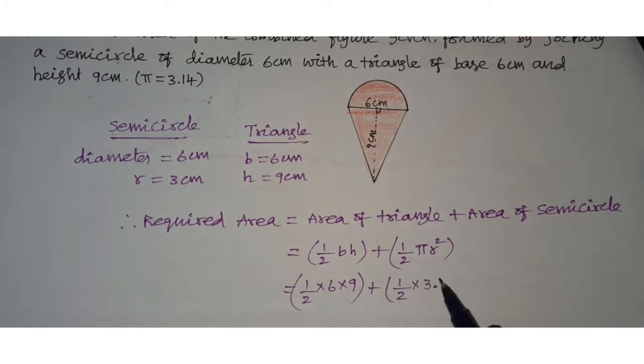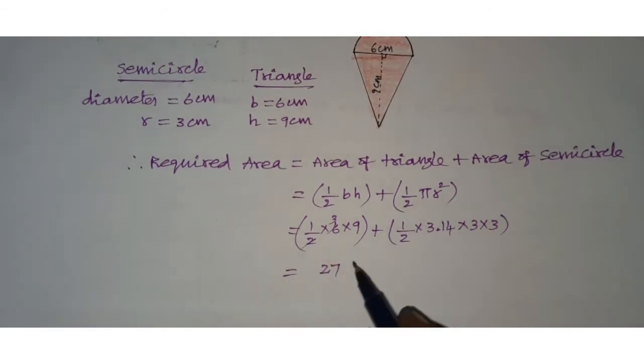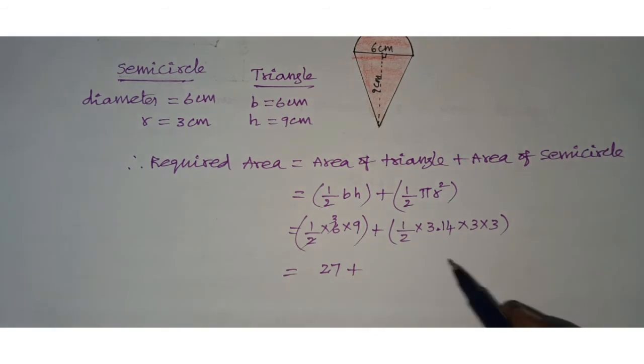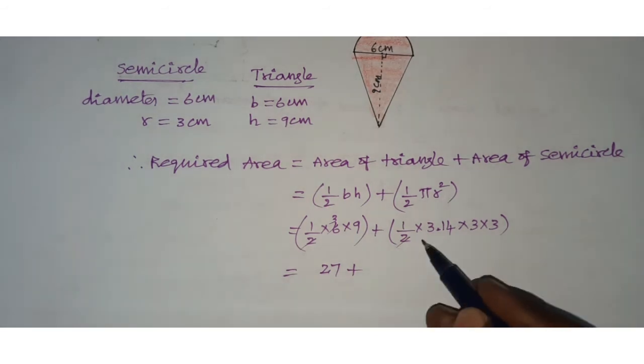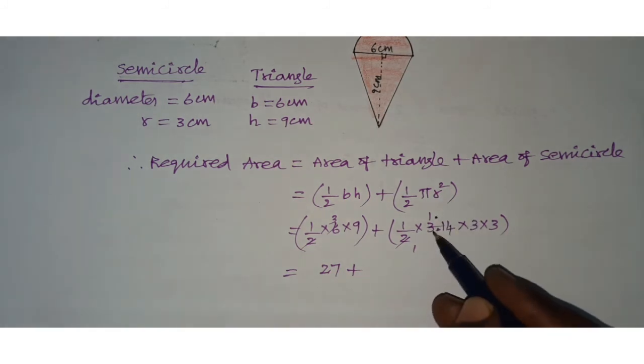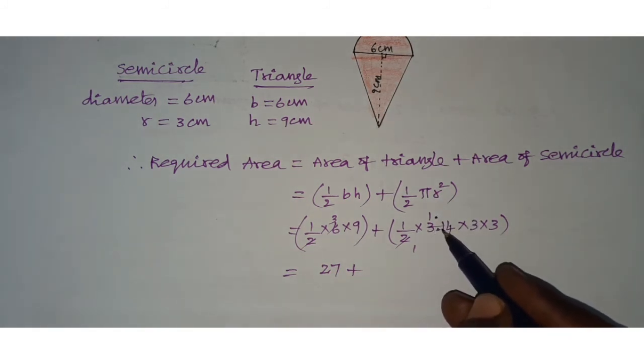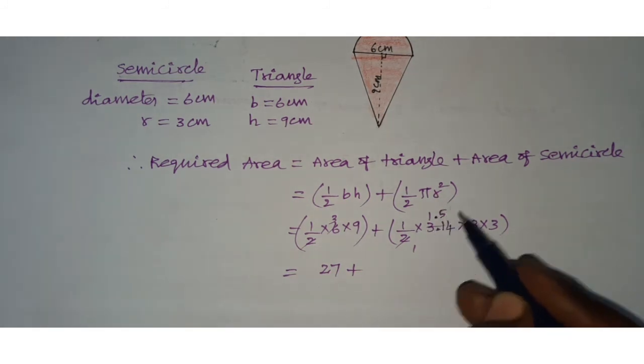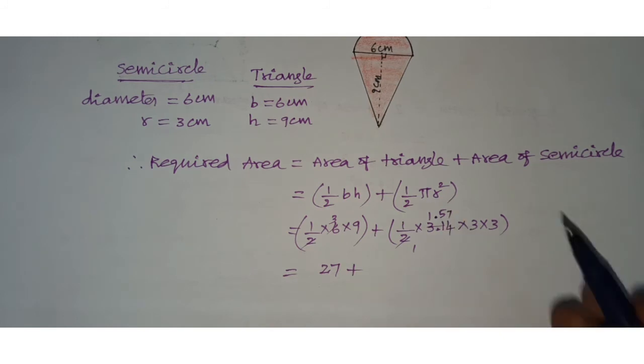Therefore we can use 3.14 and radius 3 into 3. Okay. Now here 2 1s are 2, 3 9s are 27. Plus here we can cancel this.